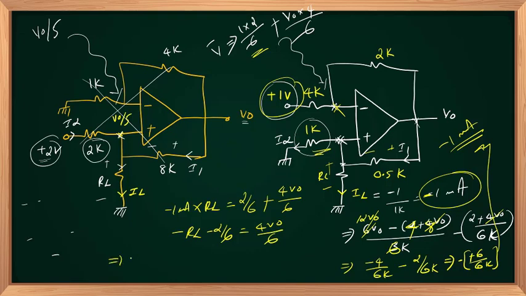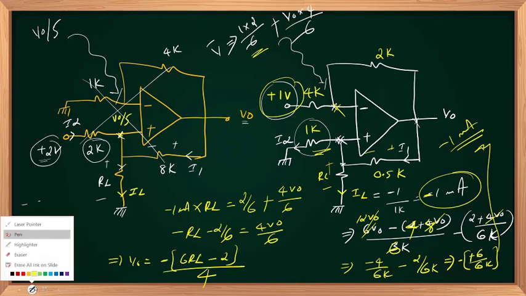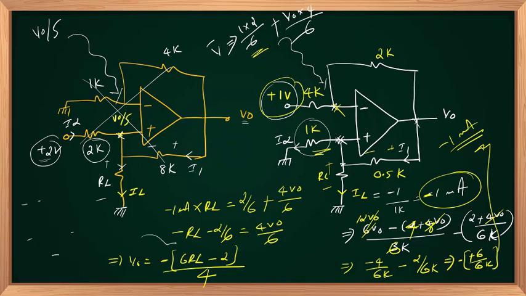That implies V out is equal to minus 6 RL minus 2, divided by 4. So depending on RL, we'll have different V out.